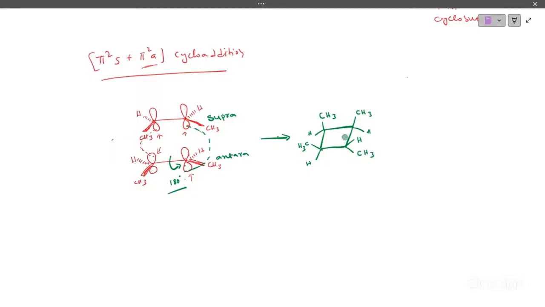Now, what is the stereochemistry? These two methyl groups are opposite, therefore that is trans. These two are on the same side, this is cis. These two are on the same side, cis. These two are trans.